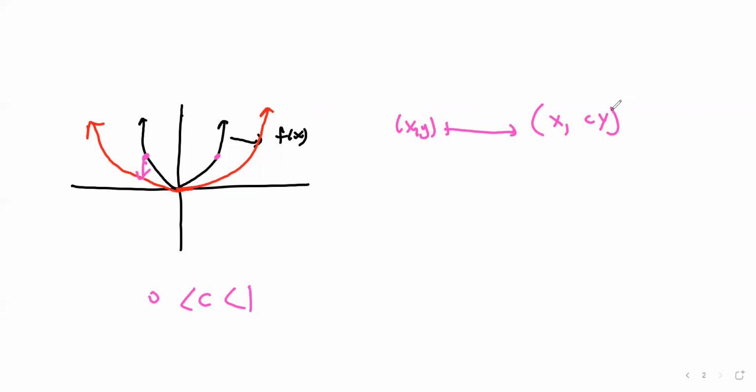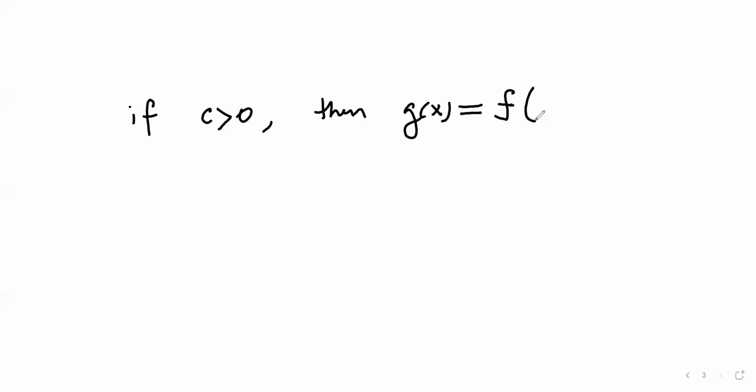Okay, so that's that. Now, the horizontal case will really just be the opposite of this, but let me write down the exact statement. Again, we're supposing that we have a positive number c, then the function g, which is obtained by dilating the function f, and this time we will multiply the x values by c.